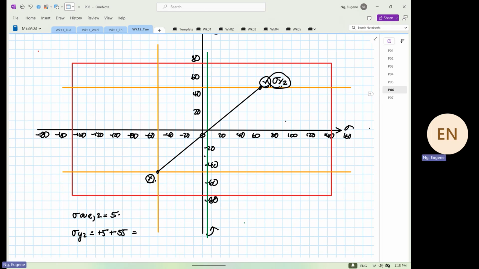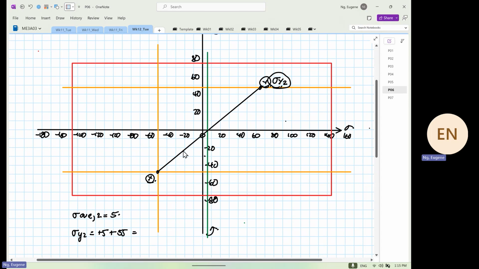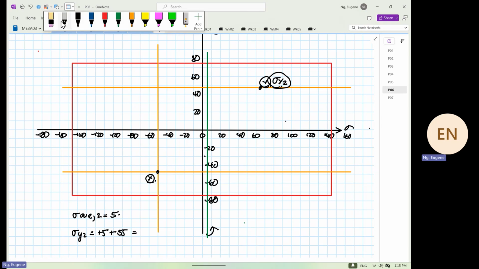It should be 60. I'm getting more than 60. Maybe it's my line. So the stress average, I'm cheating a bit, okay? It should be on the 60 line.